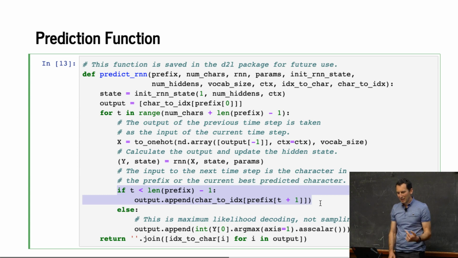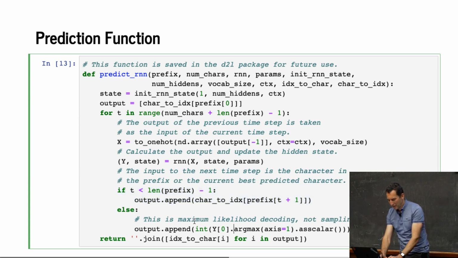If I've not seen them, then I perform a maximum likelihood decoding, so I pick the one character that's the most likely. In the end, because I have a list, I just join it with no separating character in between, and I perform a decoding from index ID to characters for all the items in the output. That's really what predict RNN does.